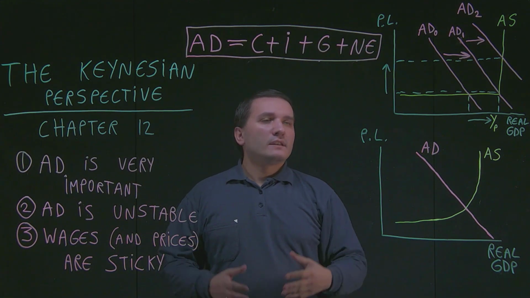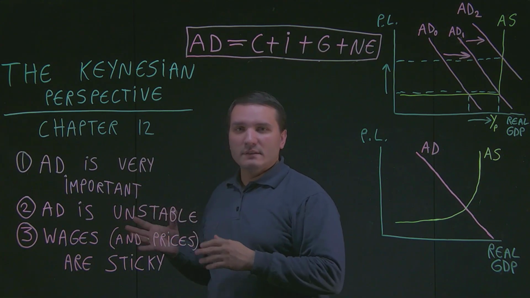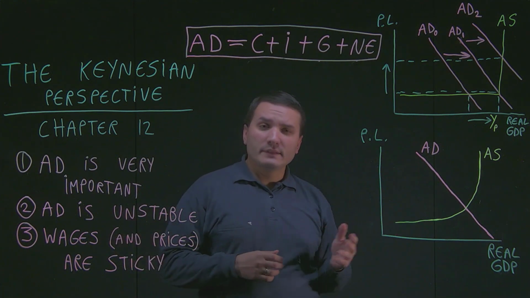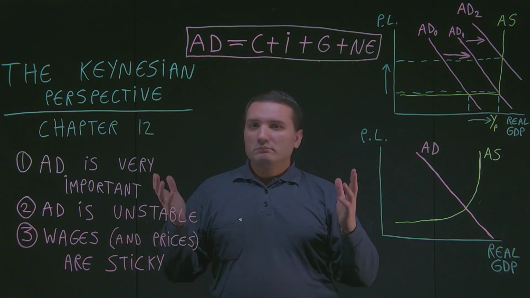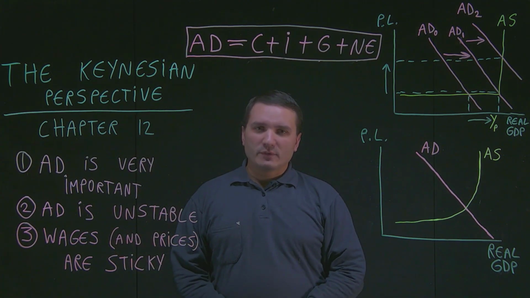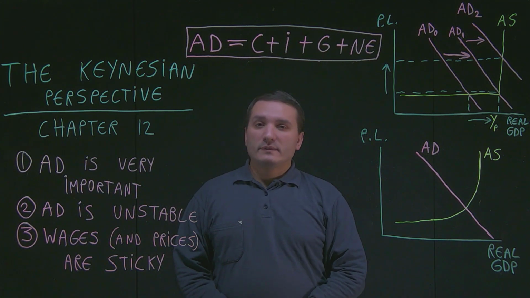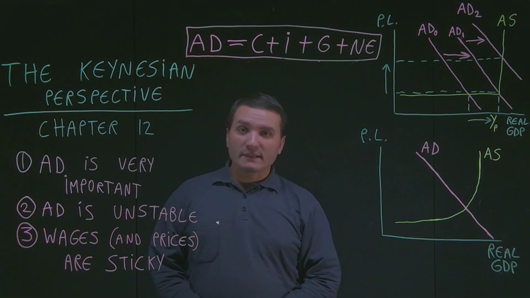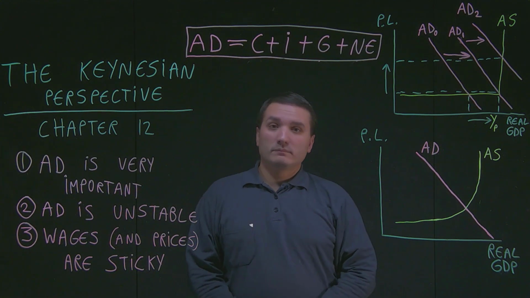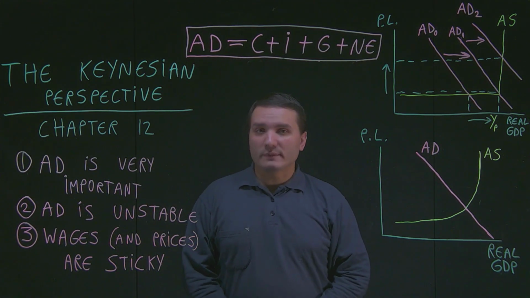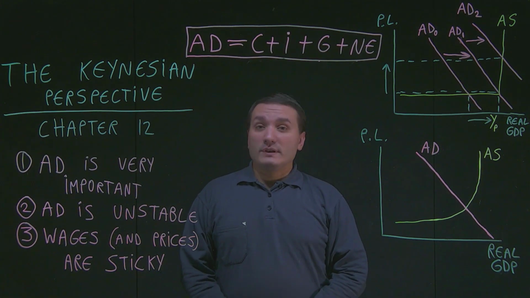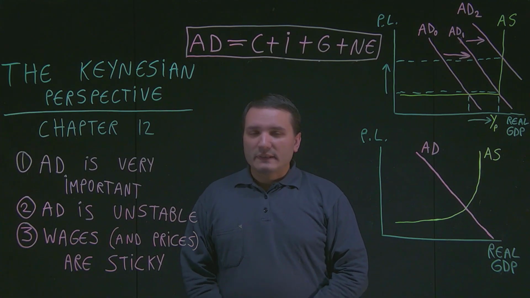And aggregate demand can easily be shifted to the right or to the left by all sorts of factors outside of anyone's control. And if it shifts to the left, it can get stuck there. We can get stuck in a recession or depression forever, or at least for a very long time, for years certainly, as we did in the 1930s.